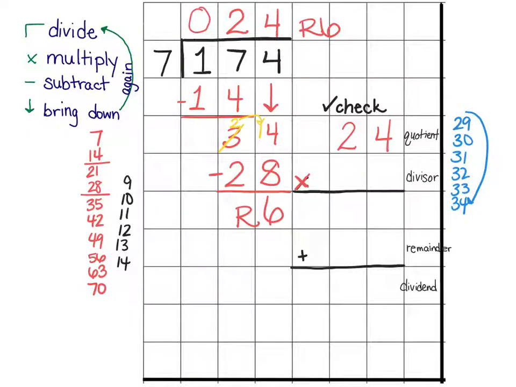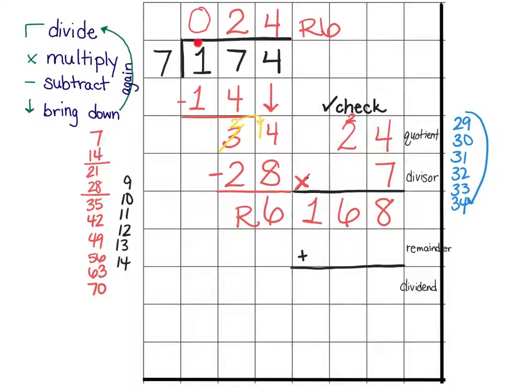So 4 times 7 is 28. And then we do 2 times 7 is 14 plus the 2 on top, 16. So we have 168.